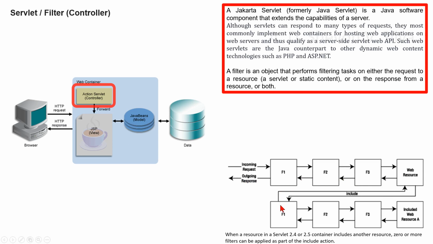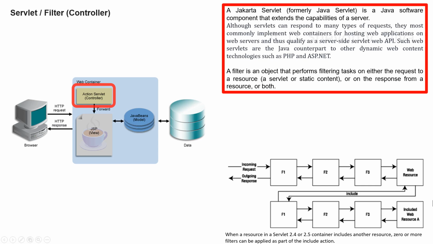Here you can see when a resource in a servlet 2.4 or 2.5 container includes another resource, zero or more filters can be applied as part of the inclusion action. A container such as Tomcat 5.5 allows filtering to occur in both the include and forward actions of the request dispatcher.